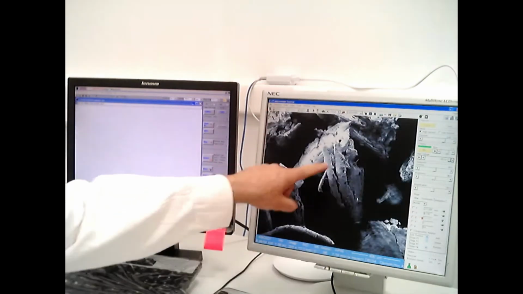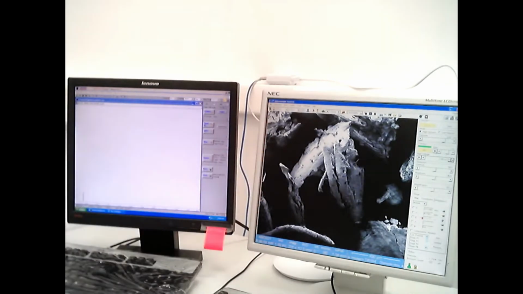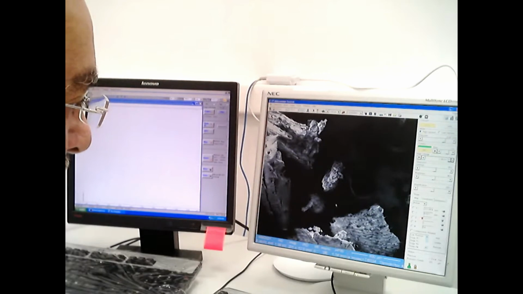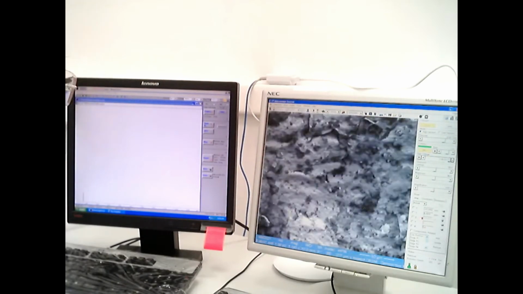You can see the fibers of the wood and the bark. But together with the wood particles, there are also tiny pieces of rock and soil. This is soil that contains some fibers. We can analyze the soil because it's inorganic, and we have other programs here to analyze it.